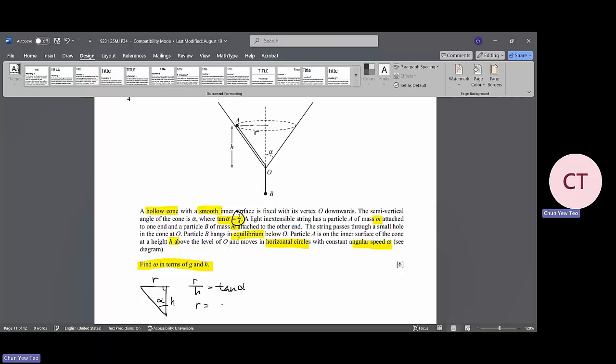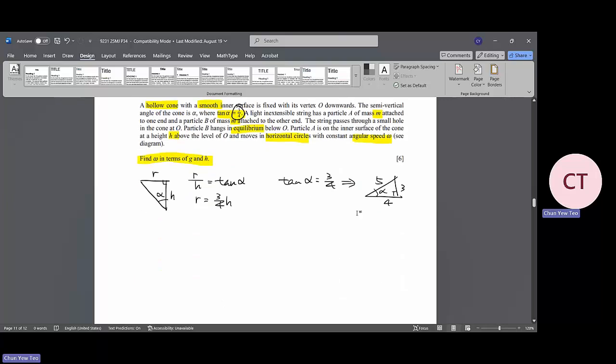So r is equal to 3/4 h. We can actually build a right angle triangle to have 3 here, 4 here, and 5 here by Pythagoras theorem.